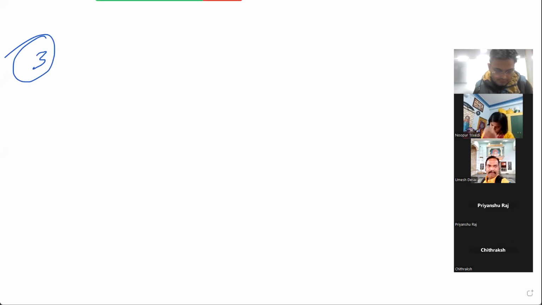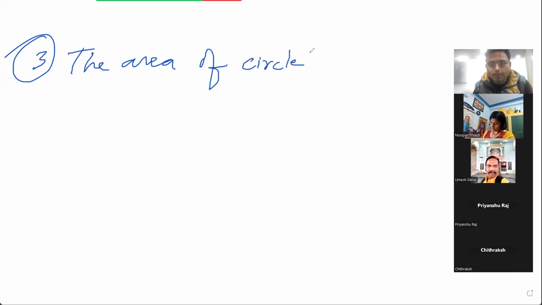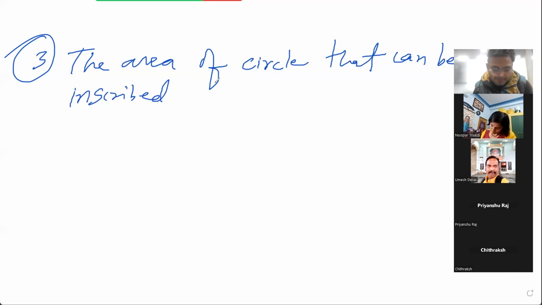Whenever we have to cancel this square, in case we need only A. Write down the question: the area of a circle that can be inscribed in a square of 6 centimeter.